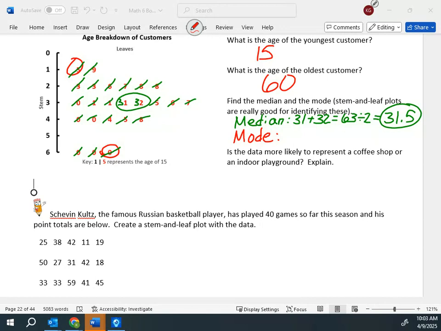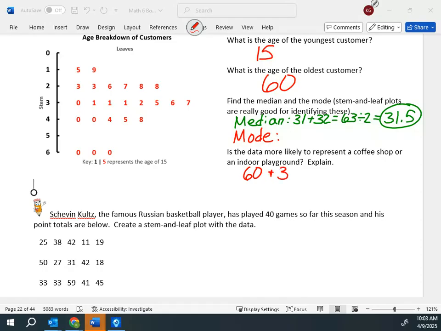Which number do we see the most of? What do you think, Kylie? 60 and 31. Say that louder for me, 60 and what? And 31. So I see 3 31s and I see 3 60s. There's no other one that has 3 of it.